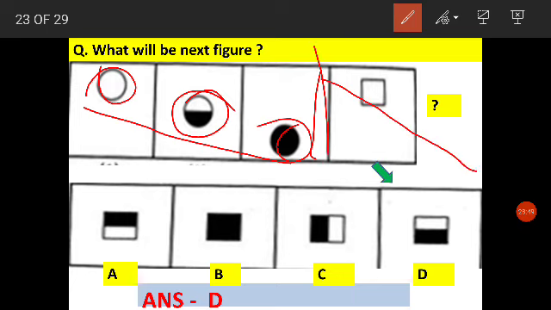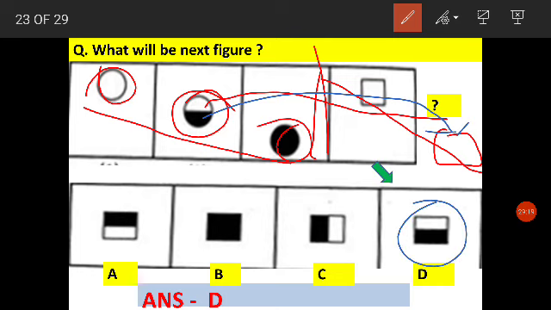So as per me, after this circle there has to be a square, and possibly that square should repeat this pattern. So this becomes your answer.